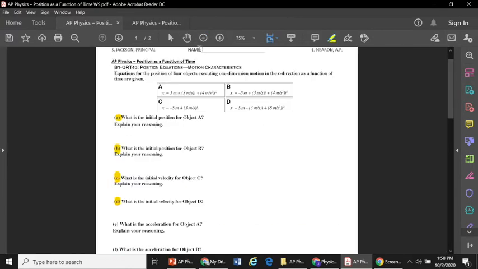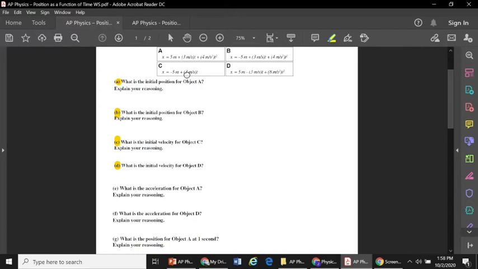Looking on in the sheet, the next two ask you for the acceleration of object A and object D. So I'd like you to pause this video here, work on E and F, and when you're finished, you could hit play and we'll go over it.